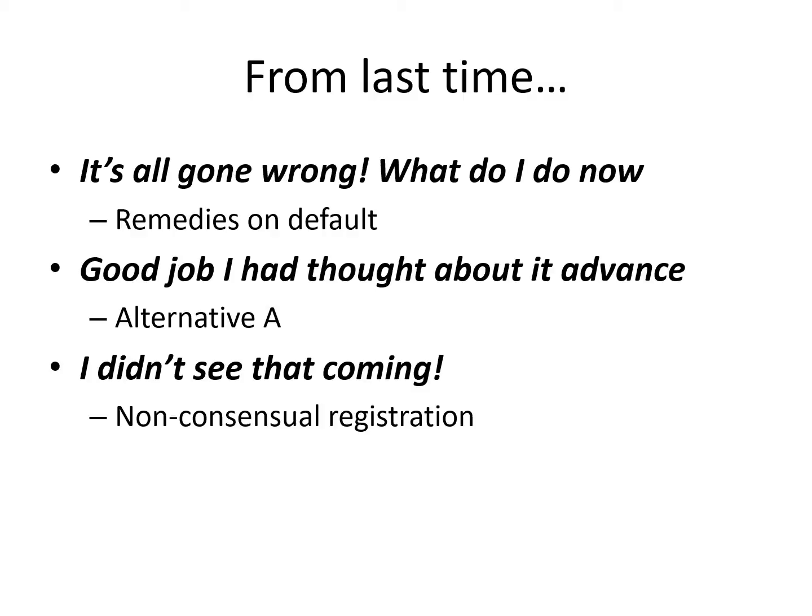Someone has taken another registration out which the debtor wasn't aware of. This is called non-consensual registration. It's where the International Registry accepts a registration of a charge without the consent of anybody else. We're going to look at all of these three things in turn.